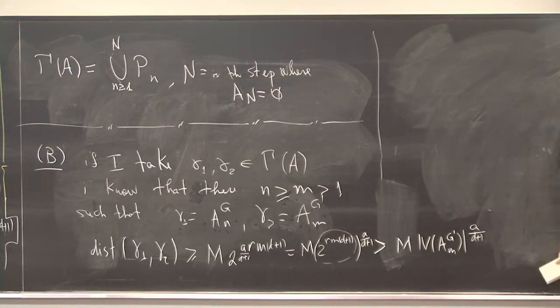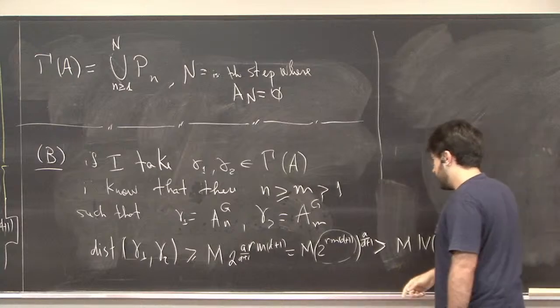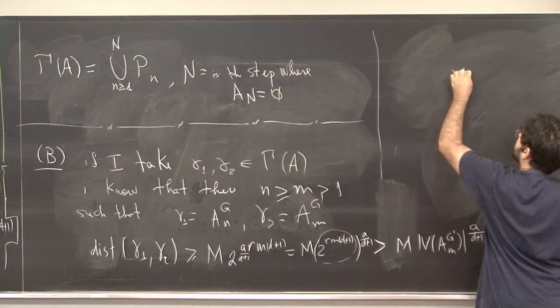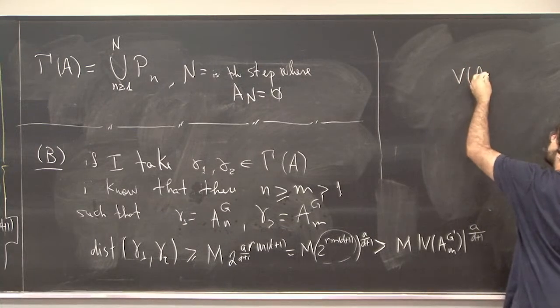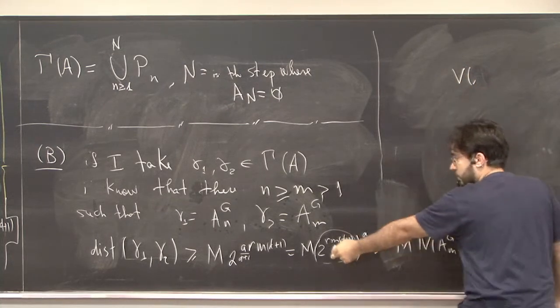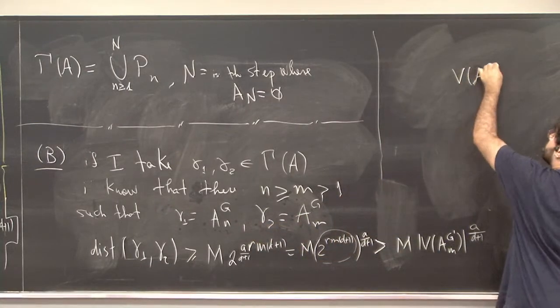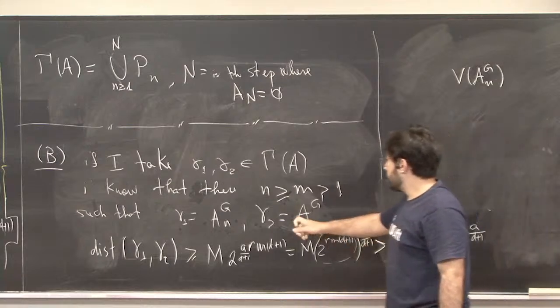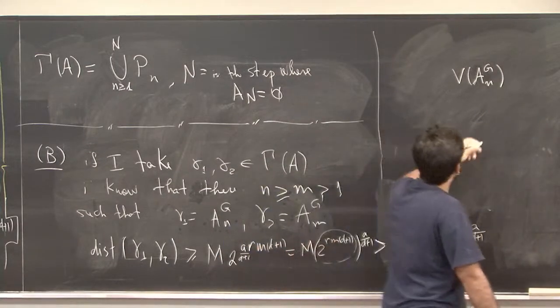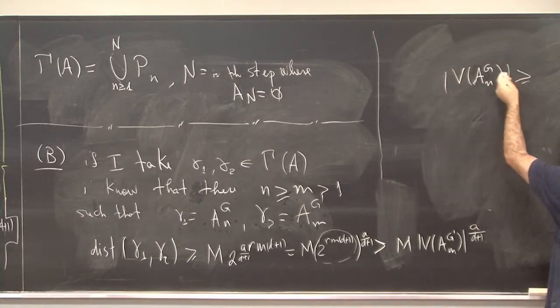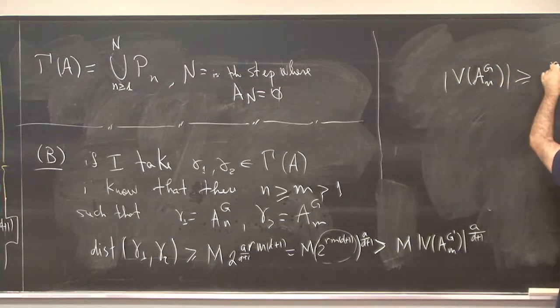So this means that the volume of V of this one, since it was not extracted in the last step, in the step M, this means that this is larger than 2Rm V plus 1.